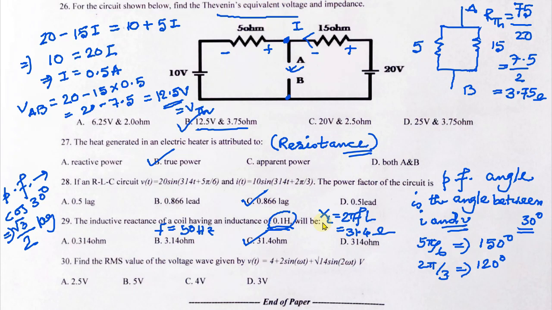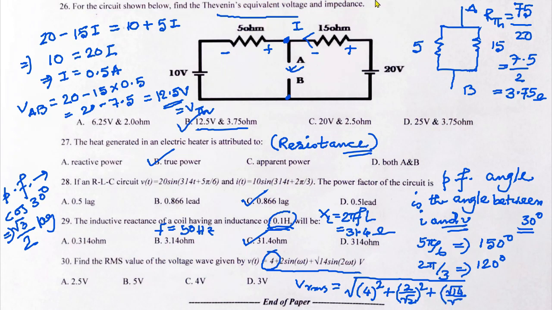And finally the question number 30. The RMS value of the voltage given by 4 + 2 sin(ωt) + √14 sin(2ωt) volts will be what? Now for this kind of question, the VRMS is given by root over of the DC value squared, plus the square of the RMS value of each of the sinusoidal components, that is (2 by root 2) squared plus (root 14 by root 2) squared.